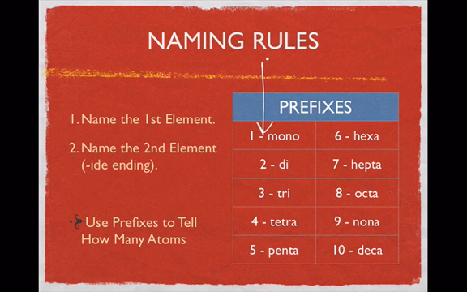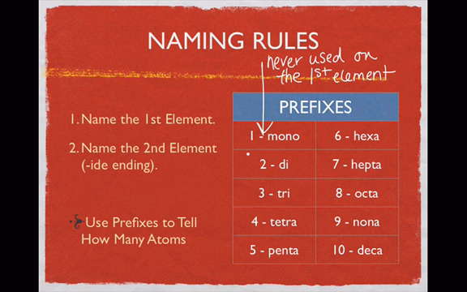The rule with mono is that it's never used on the first element. Sometimes it's never used at all. It just depends on, I guess, the person who's writing it. But for us, we will use mono if it falls on the second element. We'll just never use it on the first element. So write those down.